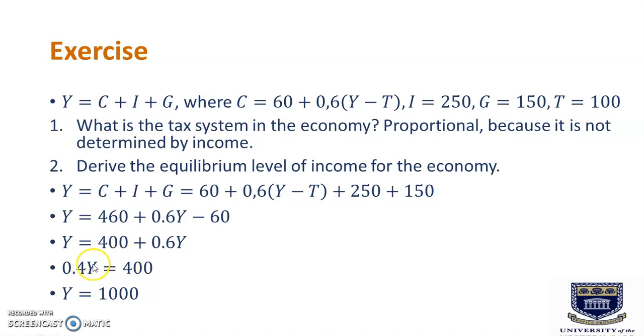Then you can simply solve for Y by saying Y is equal to 400 divided by 0.4, and that is going to give you 1,000. So that answers the second question: derive the equilibrium level of income Y. That's essentially what it's asking you. Calculate Y for Y0.